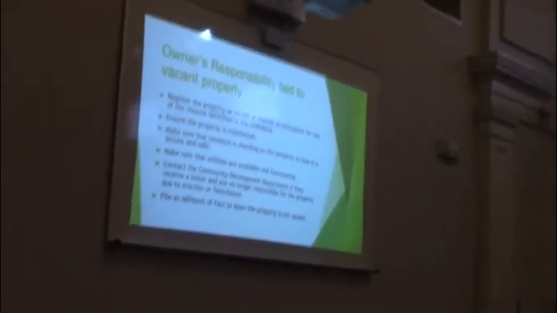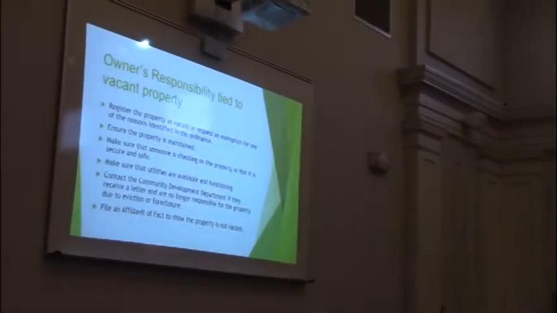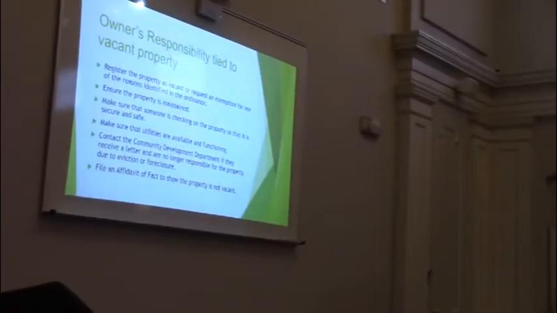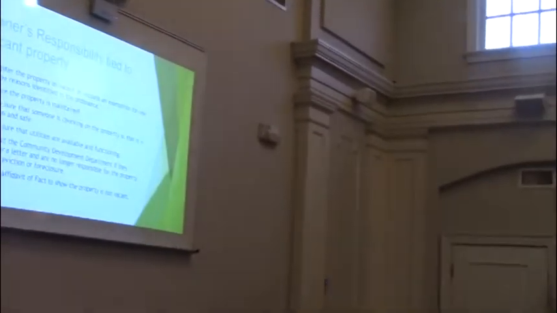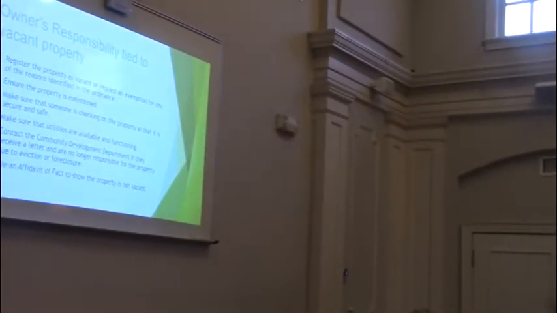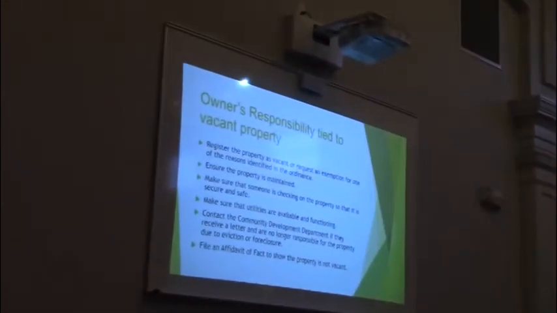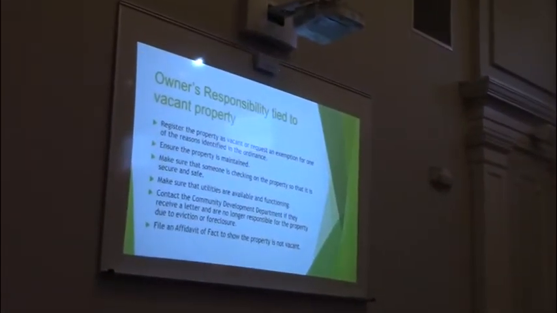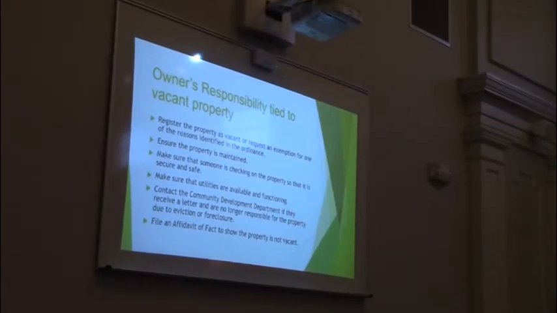The owner's responsibility tied to vacant properties is to register. The main responsibility of property owners is to become aware of the regulations within the community that may impact them. If a property owner is aware of the regulations, they are able to make more informed decisions.